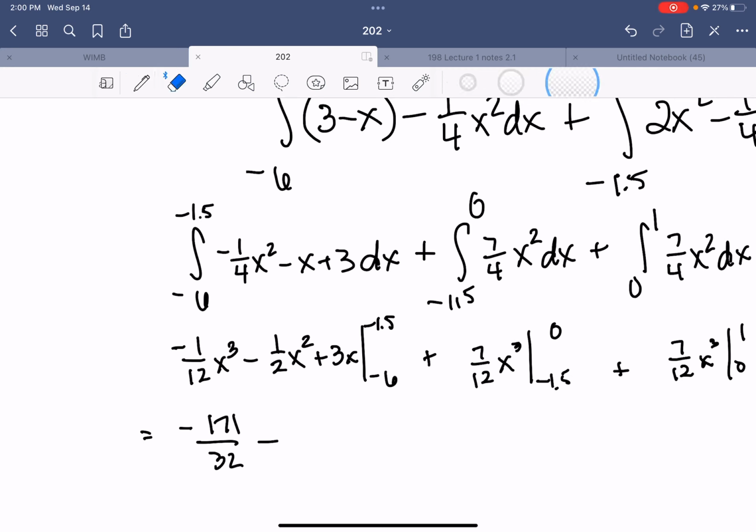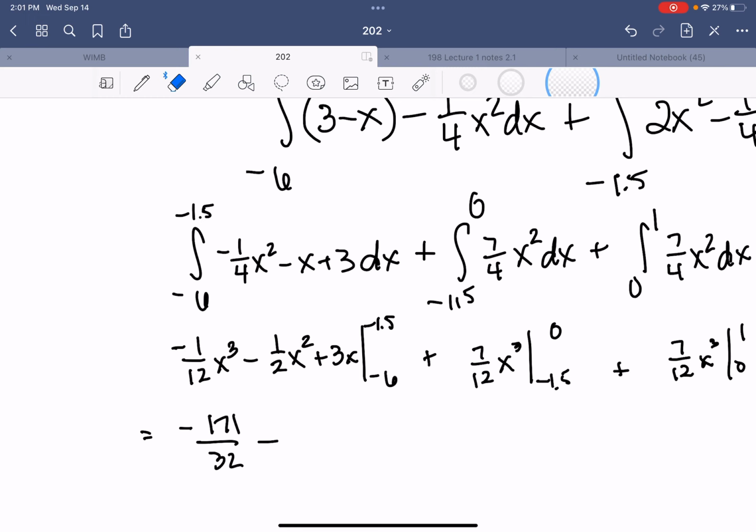Gotta make sure I got all my negatives in the right spot. So I have -1/12, -1.5 cubed minus 1/2 times -1.5 squared plus 3 times -1.5. Okay, that worked. So that's the same answer, -171/32.